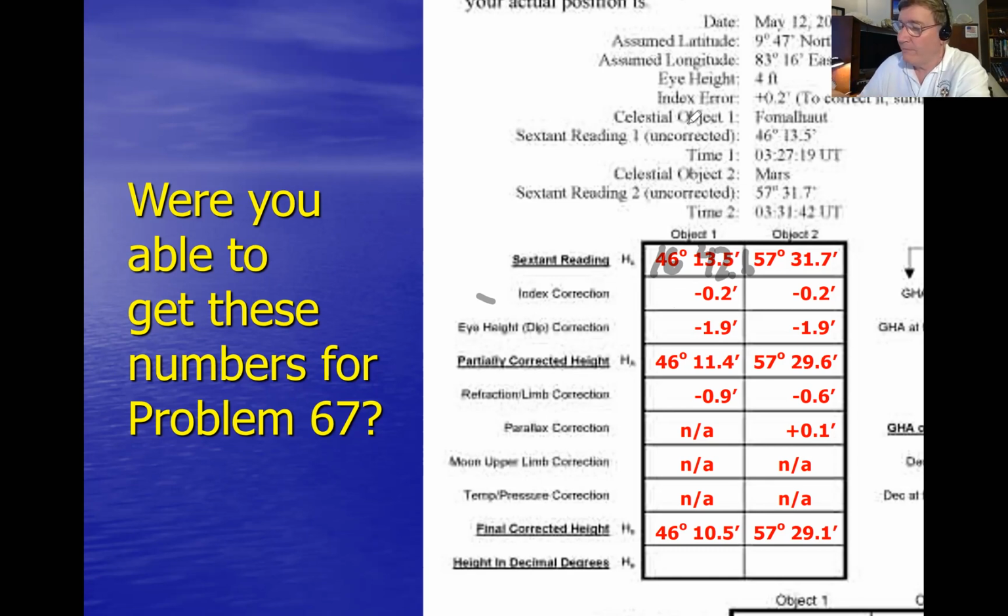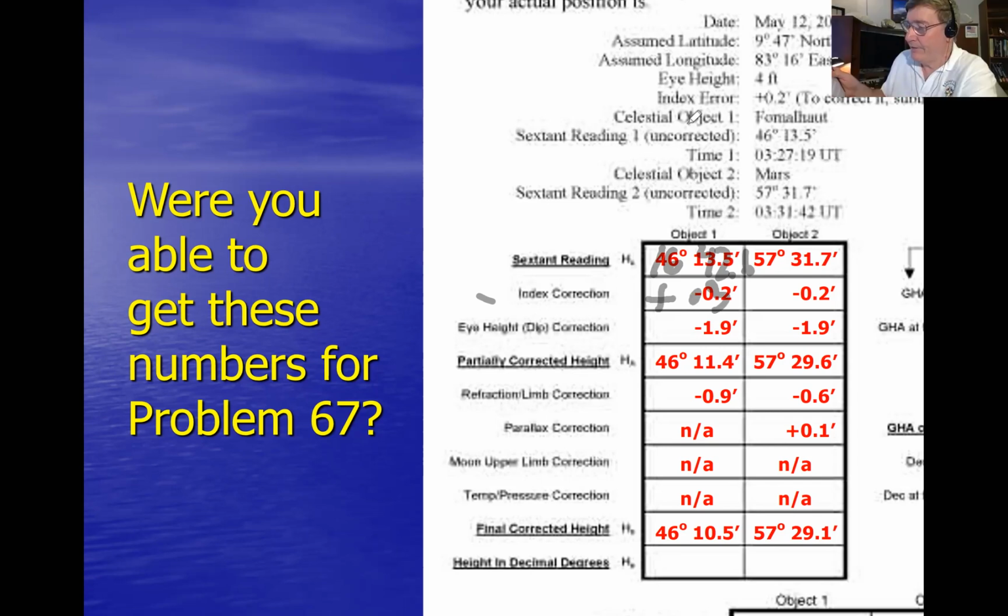If it's supposed to read 0 and it reads negative 0.3, that means the numbers are all going to be too low by 0.3. So our index correction should be a positive 0.3. Does that make sense? Okay.